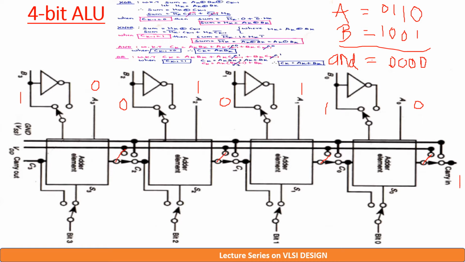So carry input 1, A0 B1, sum is 0 and carry output is 1. Carry input 1 again, A1 B0, sum is 0, carry output 1. Third block, carry input 1, A1 B0, sum is 0, carry output is 1. Last block, carry input 1, A0 B1, sum output is 0, carry output is 1.